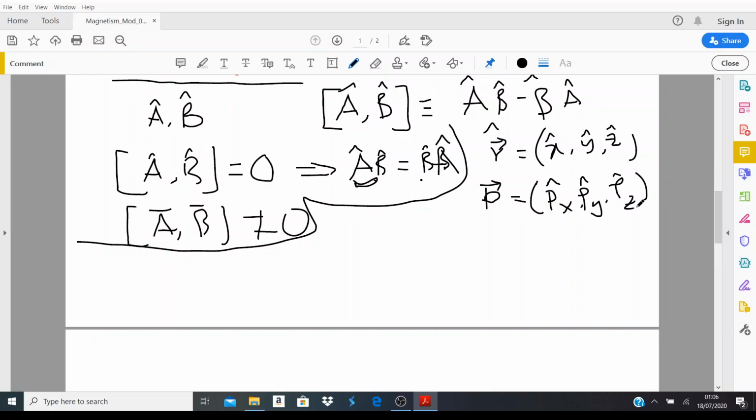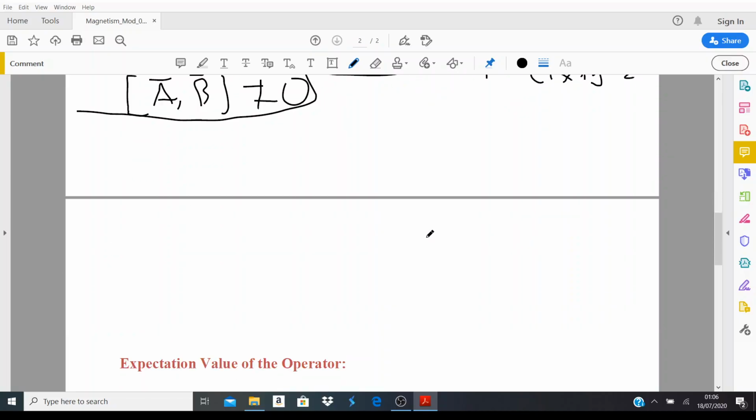But the important thing is that when you form the commutator between these canonical pairs, it is non-zero. But if you form the commutator between, say, X with Py or X with Pz, it is 0. So let me give you the set of rules which will become handy for us. Let's say the operator X and Px. So they are a canonical pair.